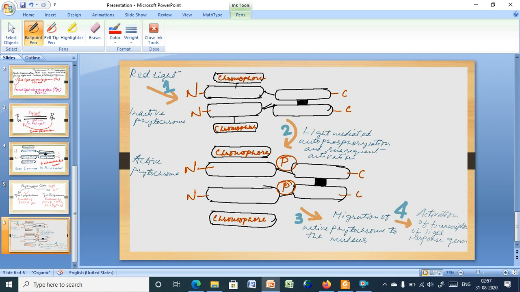When activated by red light exposure, the phytochrome phosphorylates itself, and then it phosphorylates other proteins in that particular cell.